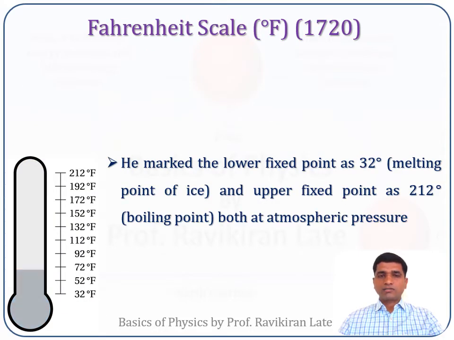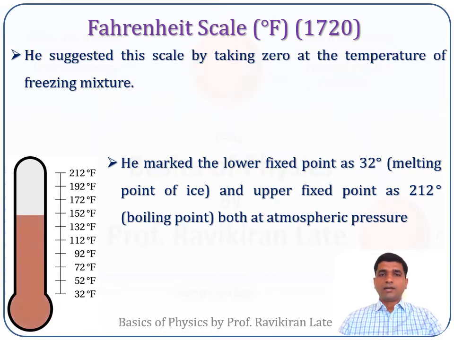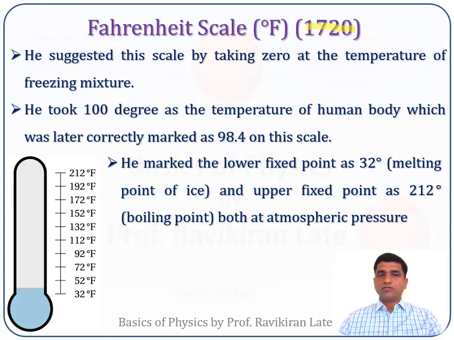Now the next scale was proposed by the scientist Fahrenheit in the year 1722. It was measured in terms of degree Fahrenheit. For the Fahrenheit scale, Fahrenheit suggested taking 0 at the temperature of a freezing mixture, and he took 100 degree as the temperature of the human body.